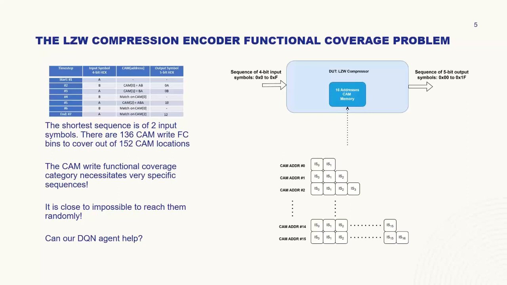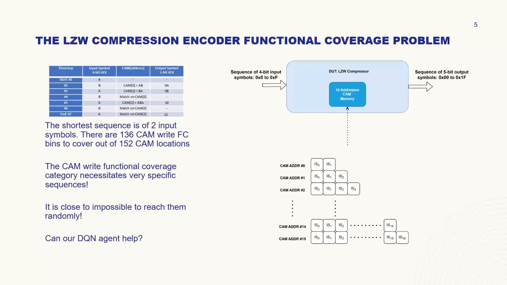Okay. So in my case I have a CAM of 16 addresses, for sequences from 2 symbols to 17 symbols. Why 2 symbols to 17 symbols? Because the smallest sequence is obviously 2 symbols, and the largest sequence in my case, because I don't want to have an enormous CAM, is 17 symbols.